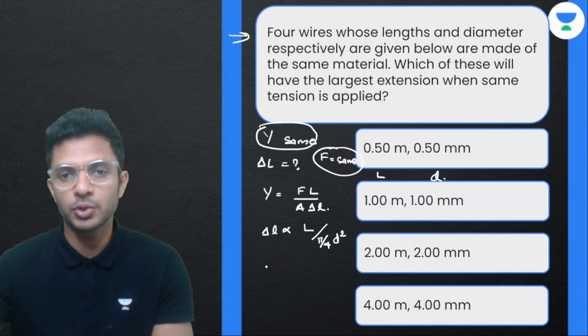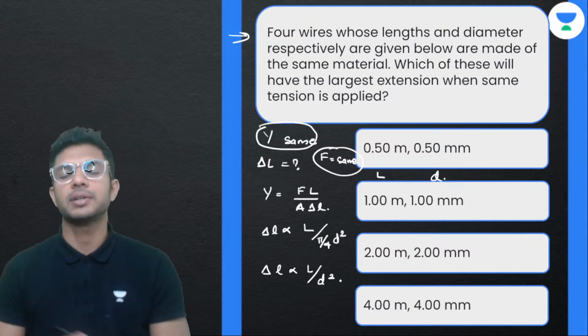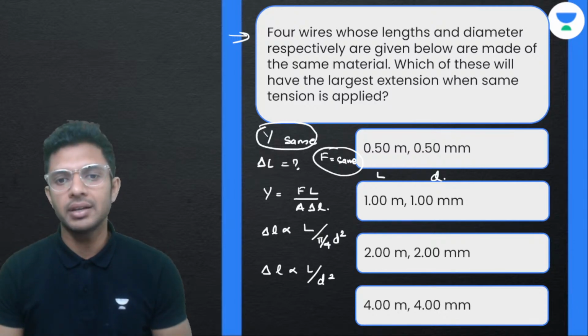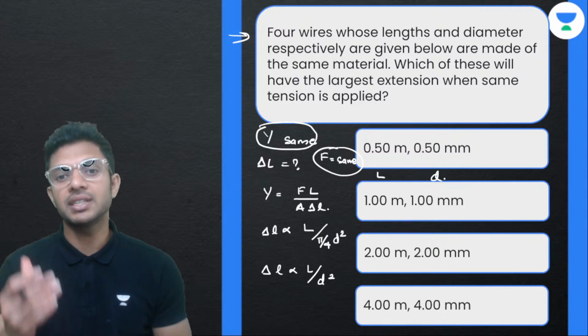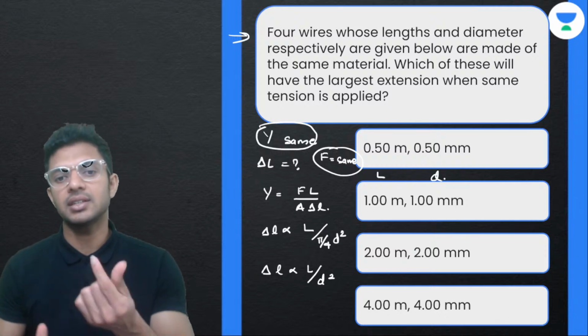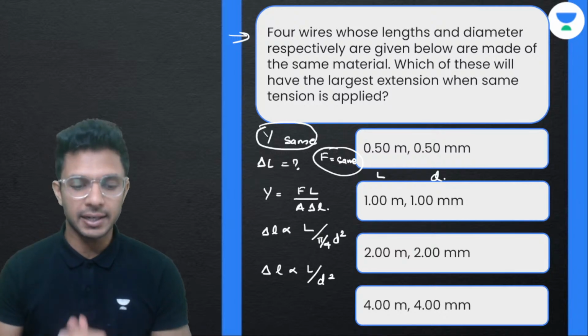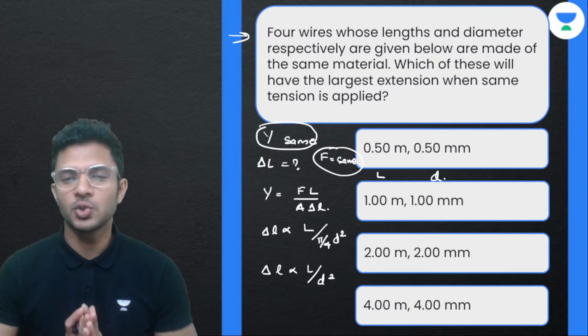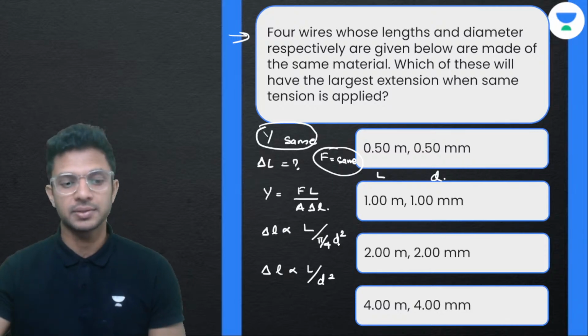Again, pi by 4 is also a constant, so delta L is proportional to L by d square. So among the four wires, whichever has the larger L by d square value will have the larger delta L. There is no other method; we'll have to find the L by d square value for all four options.